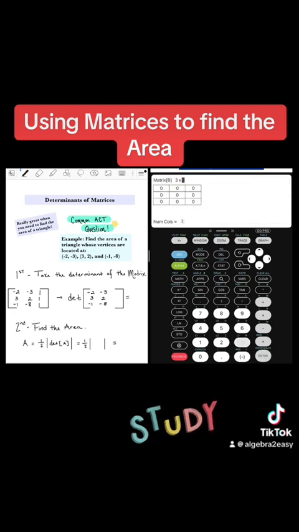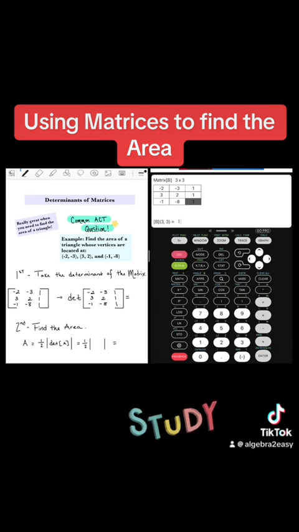And we want another 3 by 3. All right, we have a column of 1s. We're going to have -2, -3, and then a 1, 3, 2, another 1, and then -1, -8, and then a 1. And again, always a good idea to just check your matrix to make sure it looks correct.